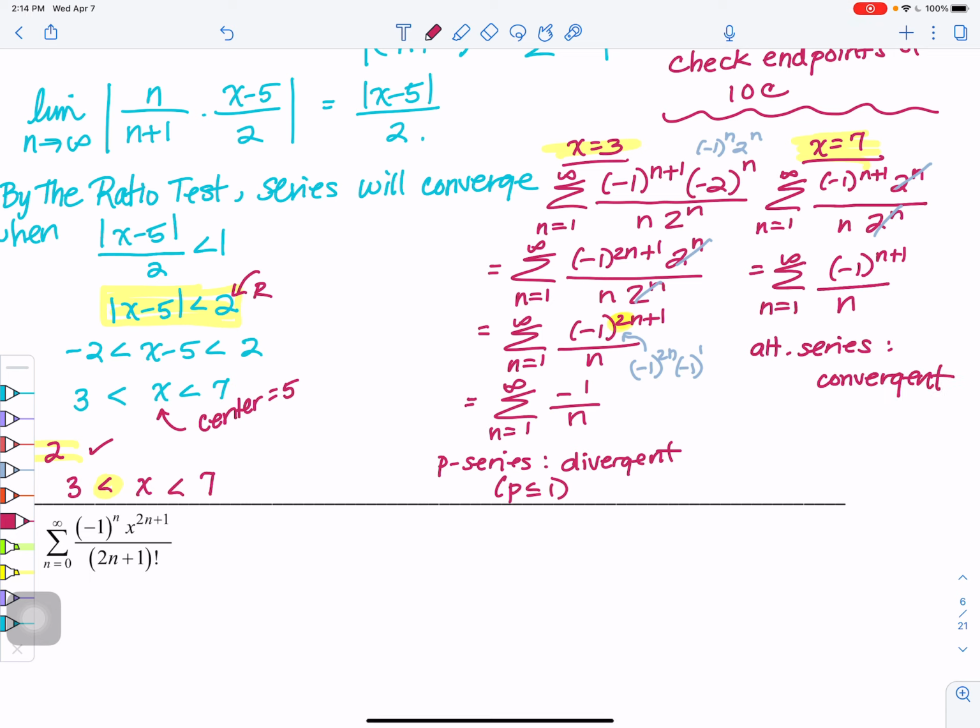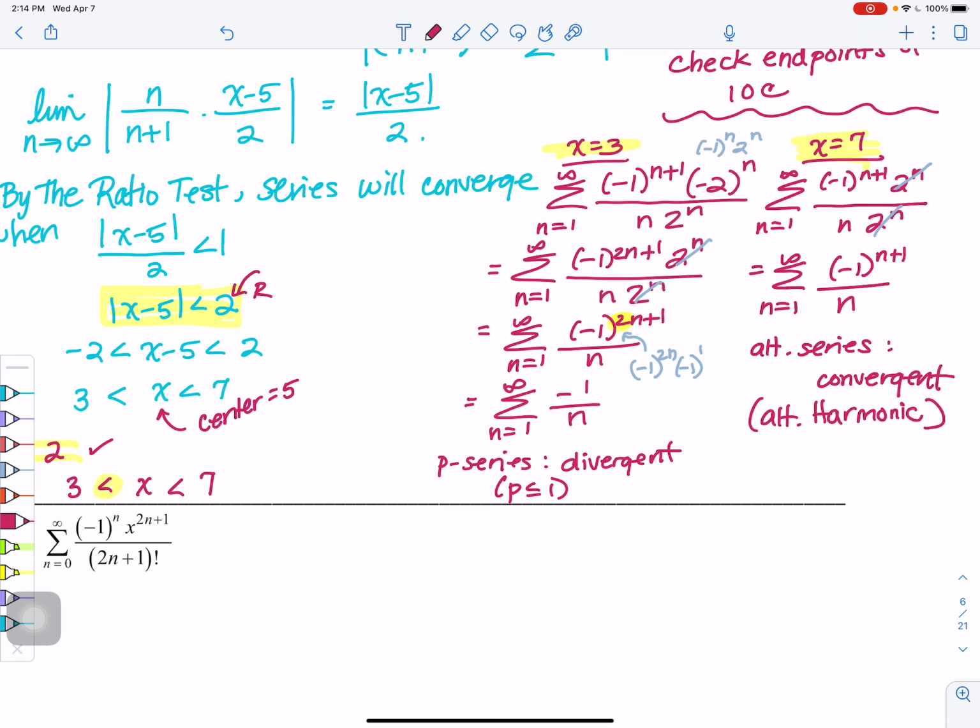Of course, with the alternating series, if our terms are getting smaller than the previous one, and the limit is equal to 0, which it is, the limit of 1 over n, we can use that. This is also the alternating harmonic series, which converges.